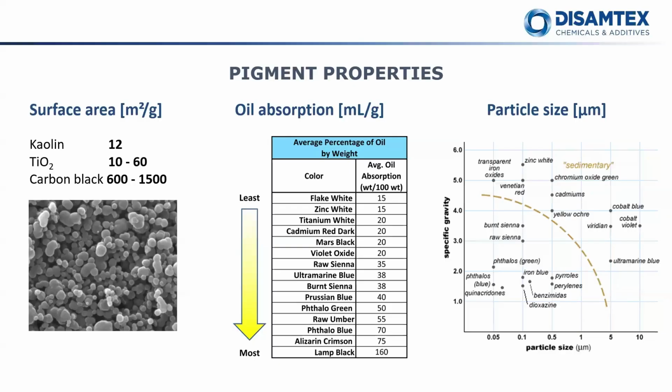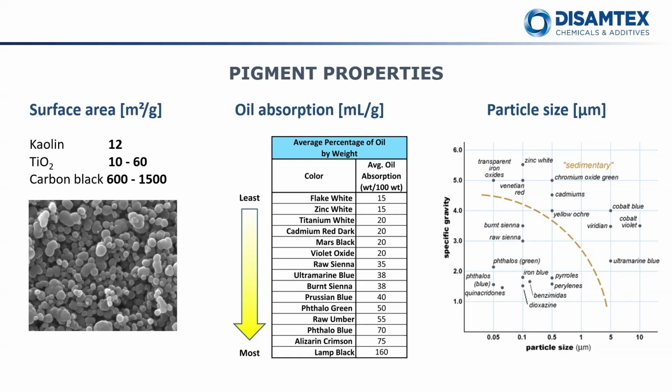Well, this slide shows how pigment surface area, oil absorption, and particle size are directly related and why they matter in paint formulation. Pigments with smaller particles, like carbon black, have a much higher surface area, which dramatically increases demand for oil present in the resin.